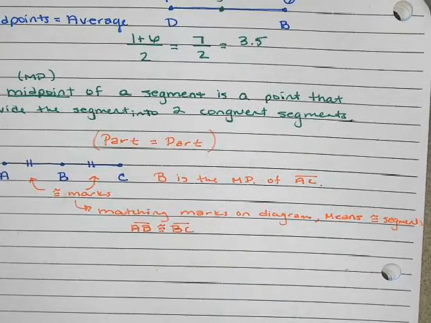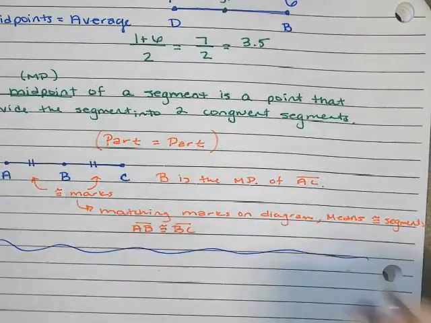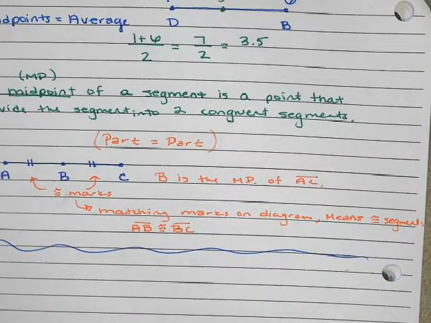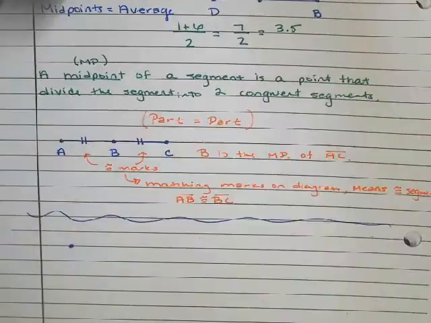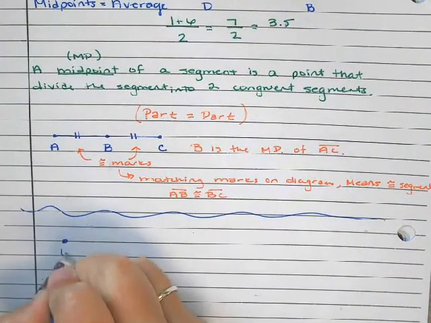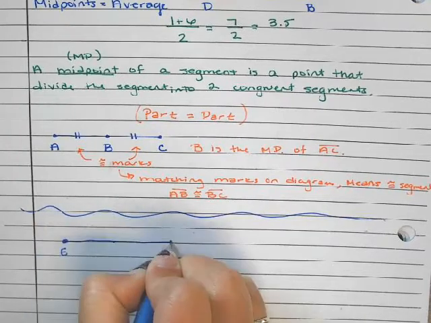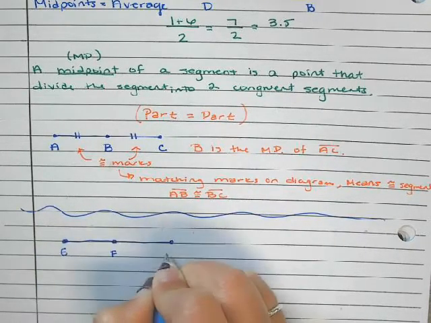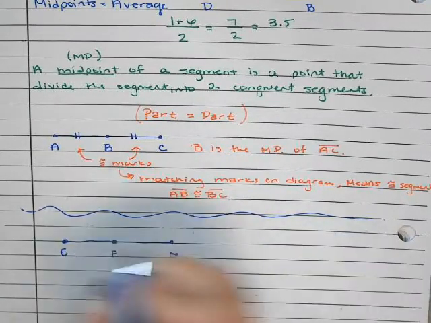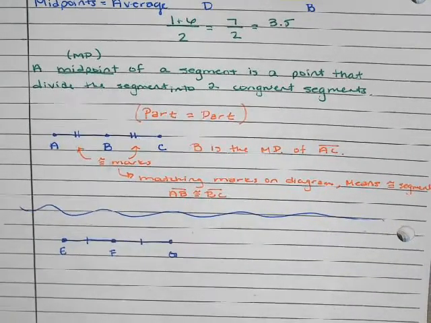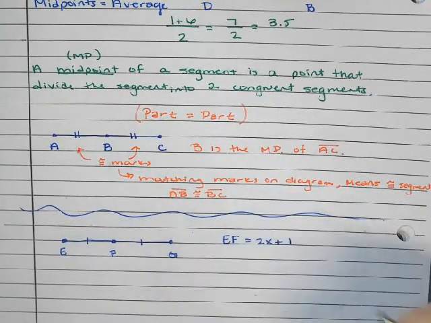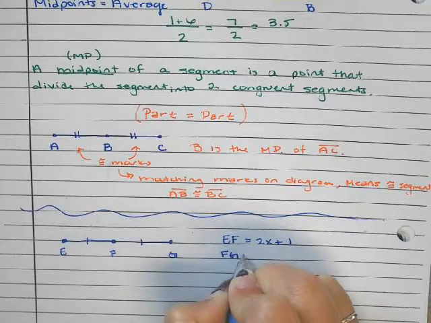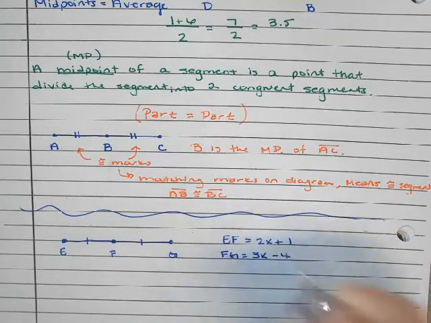So let's do an example problem of where we might see something like this. Here's E, here's F, and here's G. They're marked the same, and I'm told that EF is equal to 2x plus 1, and I'm told that FG is equal to 3x minus 4.